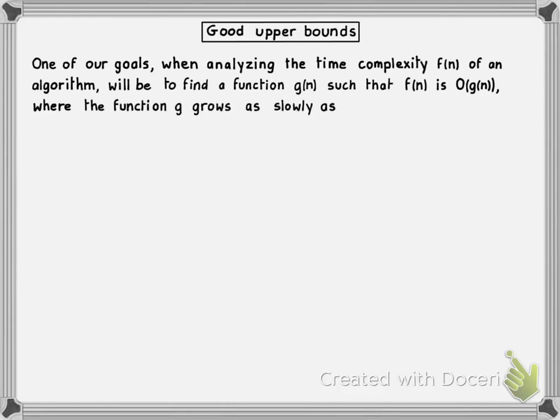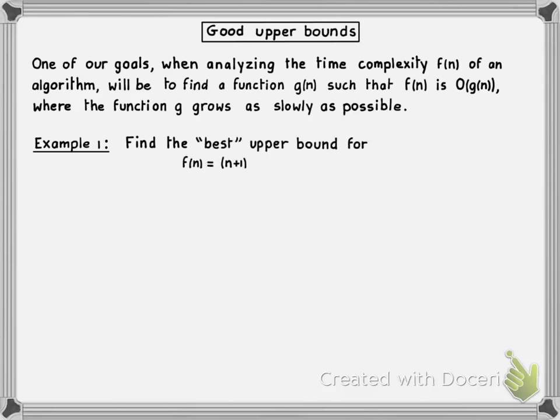In particular, its rate of growth should be as low as possible, so as to be a better approximation of the rate of growth of f of n. Now let's consider our first example of a function f of n for which we're interested in finding the best upper bound. In other words, the smallest function g of n that's an upper bound for f of n.